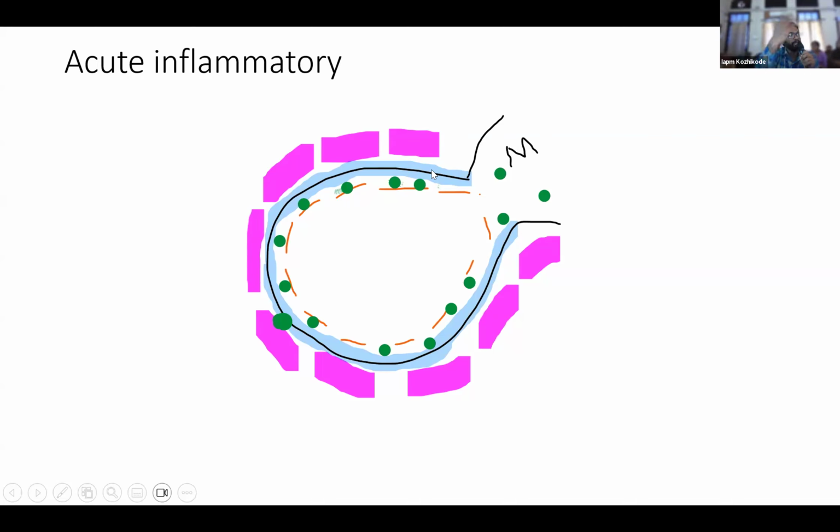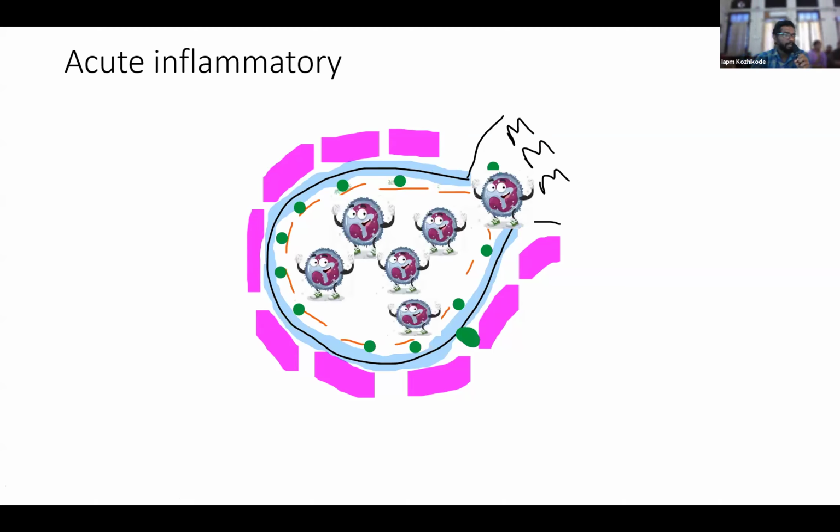So what will happen? You can tell what will happen whenever there are antigen, antibody, or complement. You are going to have the influx of inflammatory cells. You will have the neutrophil, macrophage, everything coming and occupying this space. They will try to clear up these dirty things that are deposited in the subendothelial space, also in the mesangial space.